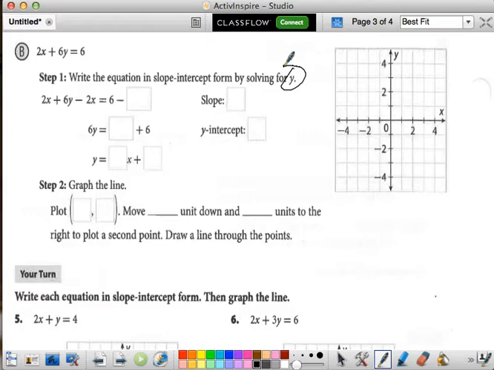So here, I want to subtract 2x from both sides. Okay, because I want to get the y all by itself. And so when you look at slope-intercept form, this part is always in front.